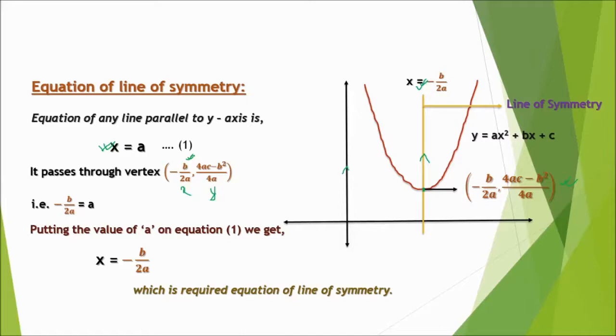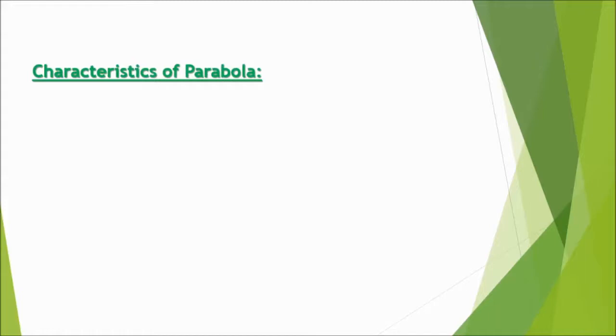So now we can discuss the characteristics of the curve. Characteristics of the parabola. Let's consider the standard equation of the parabola, y equal to ax square plus bx plus c.